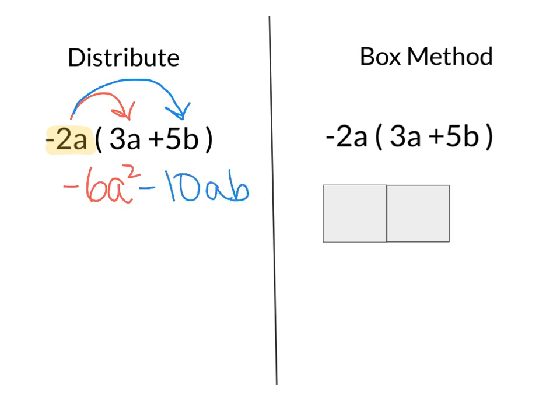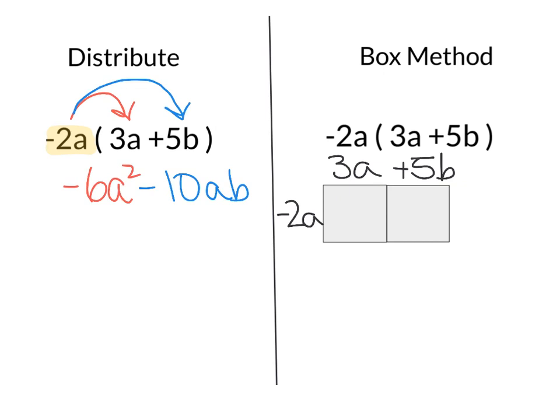So I'm going to go over here to my box method and I'm going to do the same thing. So remember, on our box we put our monomial out here, and then we're going to put our binomial across the top. So each value has a row or a column, and we're going to multiply each row and column together.